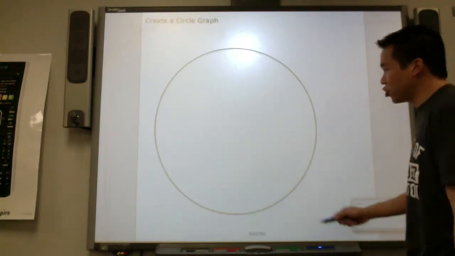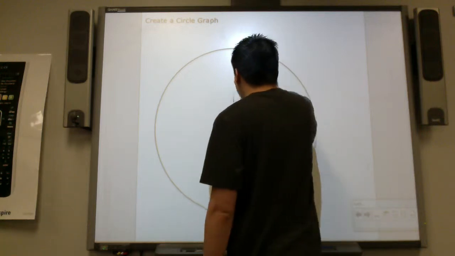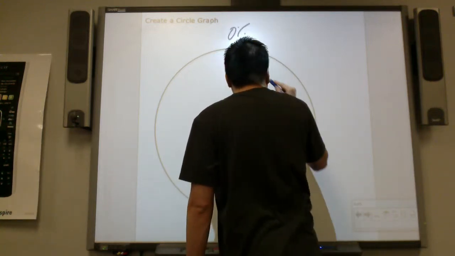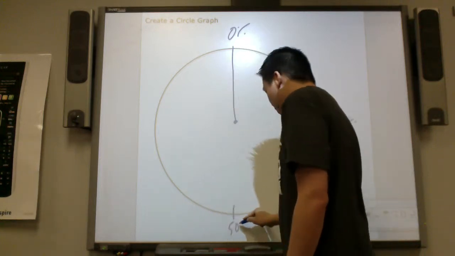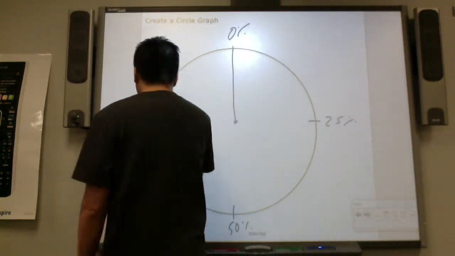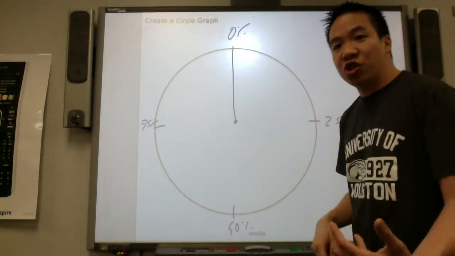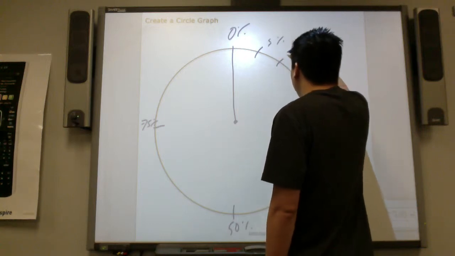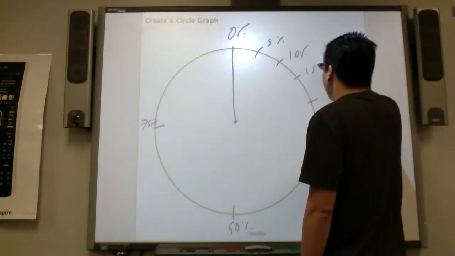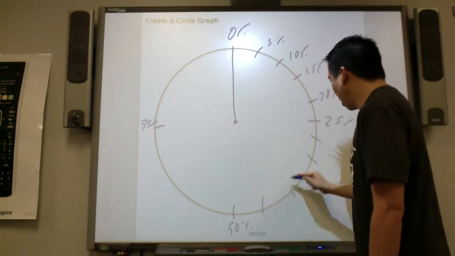All right, now here's a circle graph. Again, to do a circle graph, you draw a dot in the center and draw a line to the top, 0%. I like writing the benchmark percents of 25%, 50%, and 75%. So, I like to partition or section it out by 5. You can partition it any way you want. If you want to, you can even partition it by 1%. Of course, that would take you a long time.